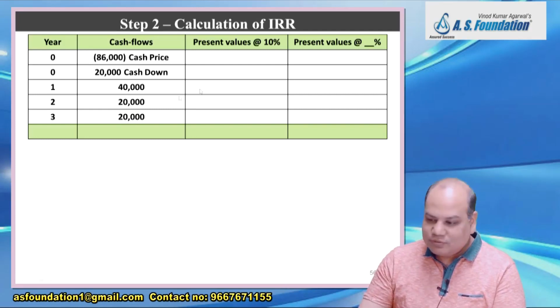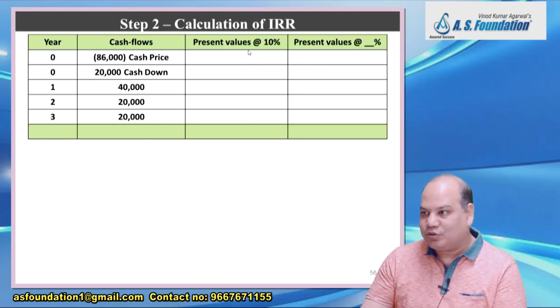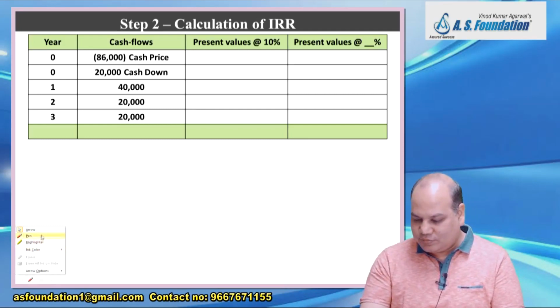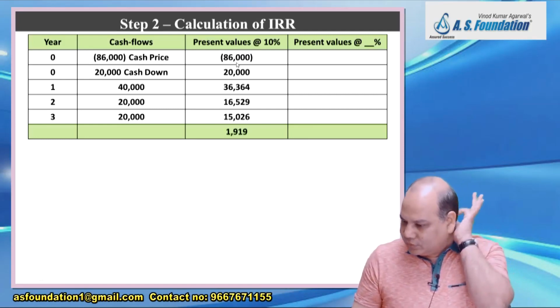Solve. 10% is the starting rate I will take. Then somebody will ask, is it necessary to take 10 only? No, you can take any other number. You can take 9 also, 11 also, 6 also. So can we start? What is this answer? 86,000, 20,000.